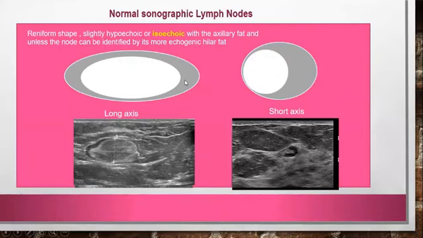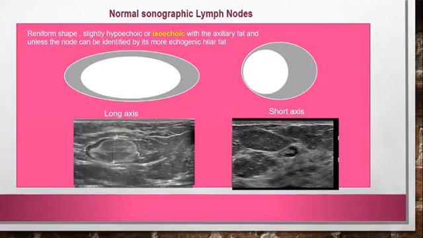When it is isoechoic, sometimes it's difficult to visualize within the axilla. You need to use harmonics to help the visualization of the lymph nodes.